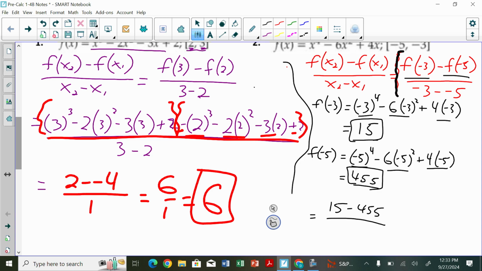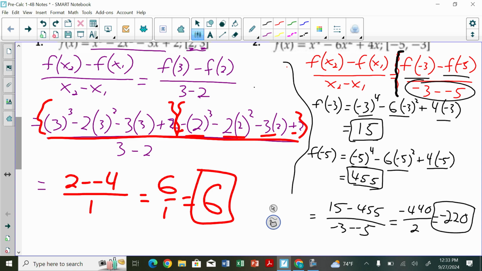And then I have this part here, the negative 3 minus the negative 5. Doing the math there, we end up with negative 440 over positive 2. Careful with your negatives. And so you end up with negative 220 for the average rate of change.